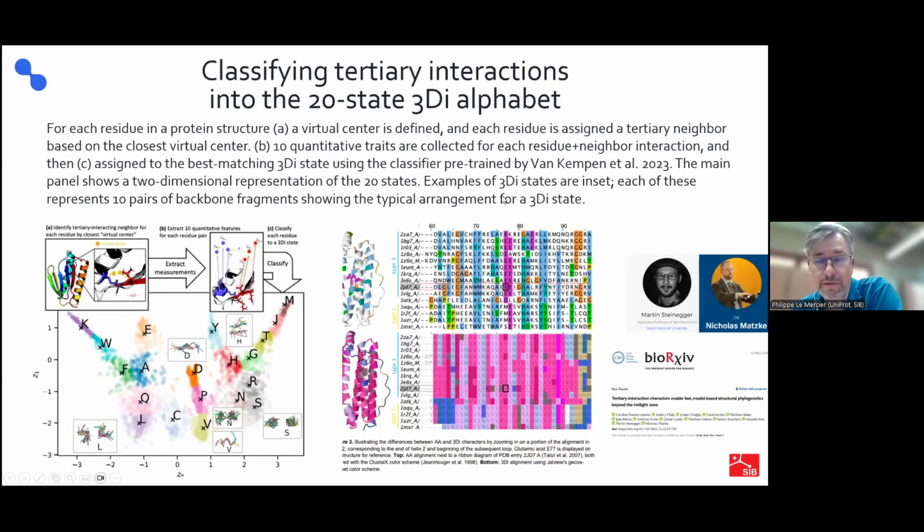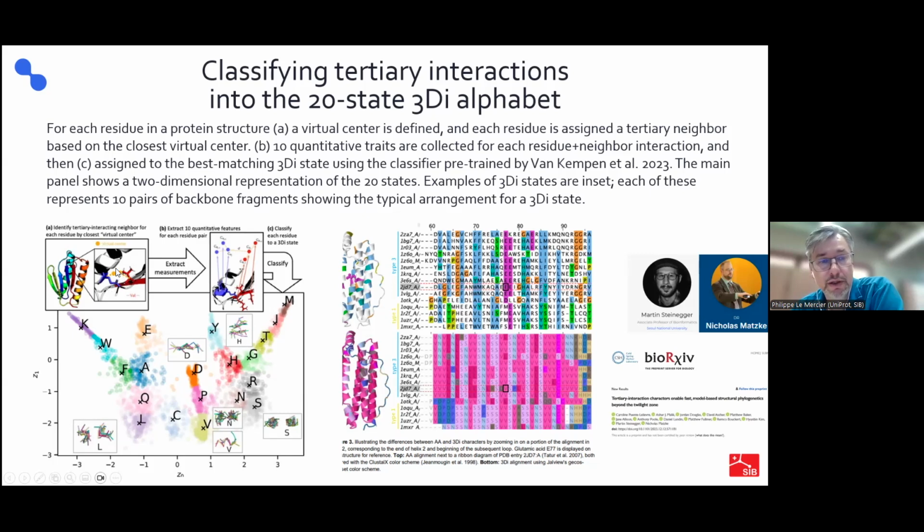The structural alphabet was developed by Martin Steinegger, and it's commented in this publication with Nicolas Matzke here. Here you have the sequence alignment of a protein. It replaces the amino acid sequence by a code which will describe the feature of each residue with its neighbor.